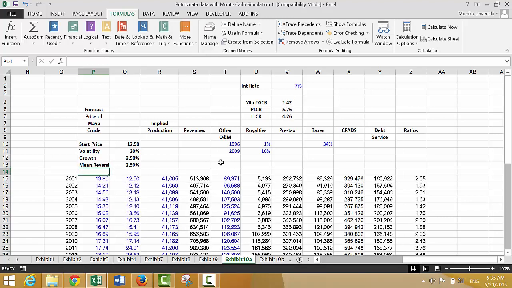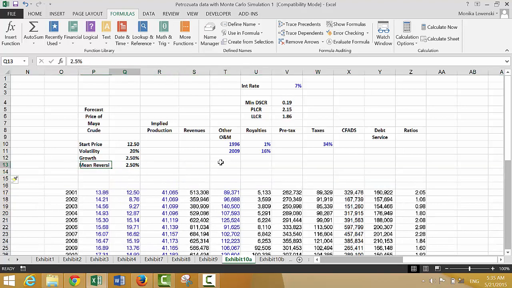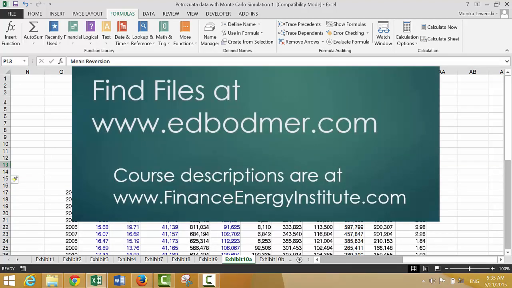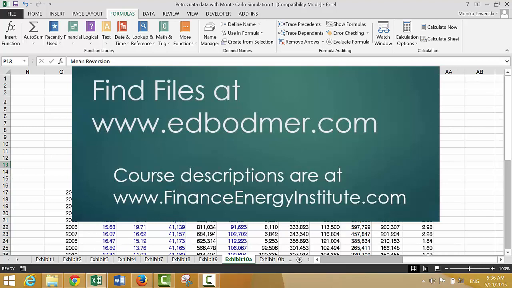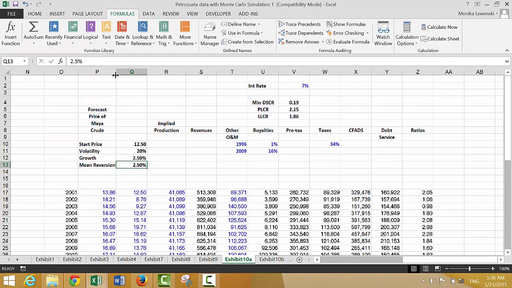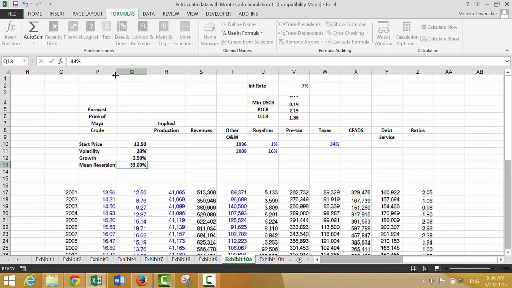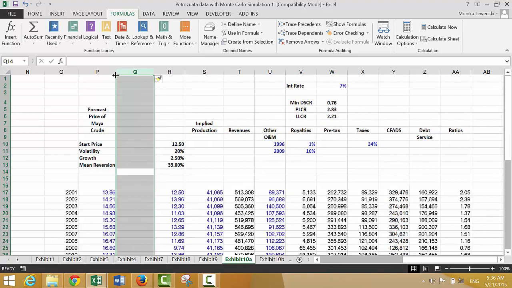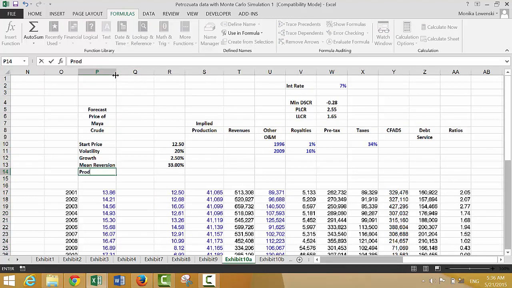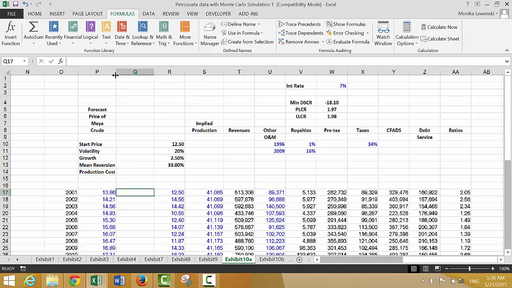Now I'm going to insert a couple of lines because we're running out of space. And let's say it takes 3 years to get back to our price. What we also need to do is put in a production cost, or a long-run marginal cost. I'm going to say that is 40.